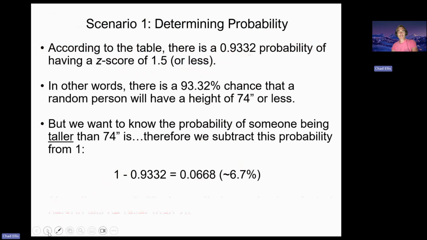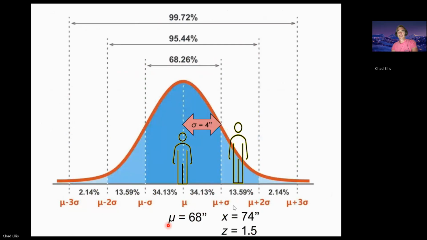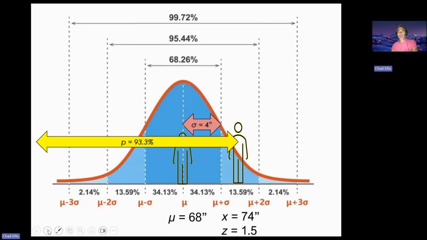That makes sense because we can see that there's a very low amount of area underneath this extreme right part of the normal distribution above 74 inches. So the probability of randomly selecting somebody with a height less than 74 inches in this population is about 93.3%, while the complementary probability, selecting somebody taller than 74 inches, is 6.7%. If you add 93.3 to 6.7, you get all the area underneath the curve. In other words, 100%.